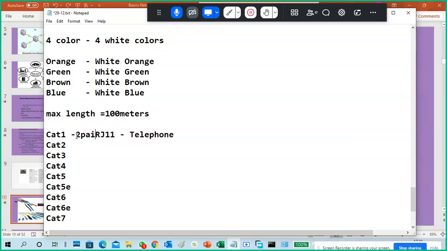And this is a two pair cable. Okay, it is a two pair cable. We are using Cat 6, Cat 5e. As in my textbook, Cat 4, 100 Mbps. But guys, you have to verify these details once.